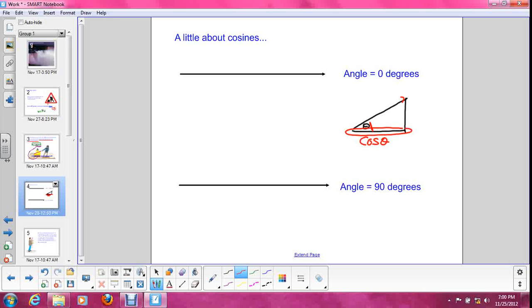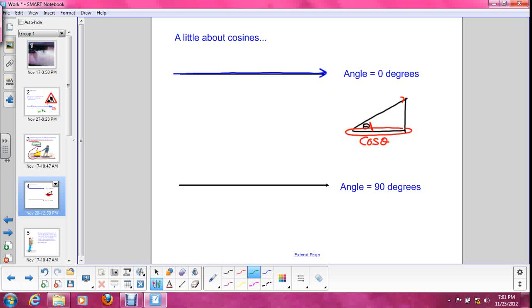So if we apply a force at an angle of 0 degrees to the horizontal, that means our force is horizontal because the angle is 0. So that means the entire magnitude of this force is the cosine of the angle of this force.